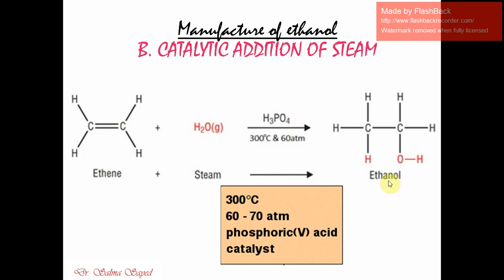So this is my ethanol. Now, addition reactions, if you remember, are the type of reactions undergone by alkenes. What happens is the double bond is going to be broken, and I'll introduce the H to one carbon and the OH to the other carbon.